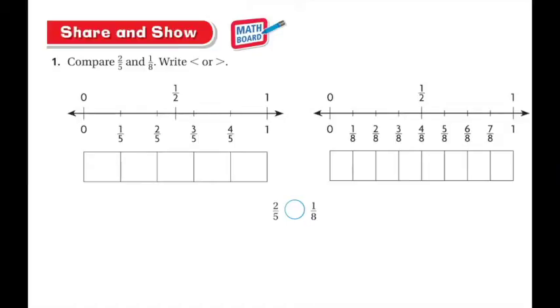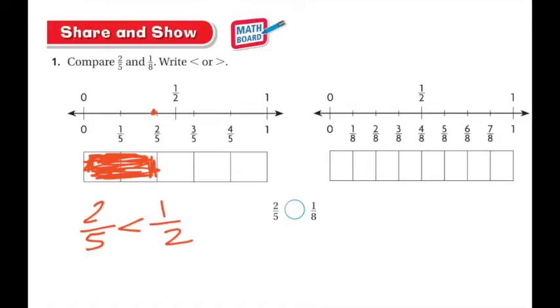But we know it's in between. So I'm going to put my dot at 2/5, and I can shade in 2 of these fifths, and I can see that 2/5 is actually less than 1/2.